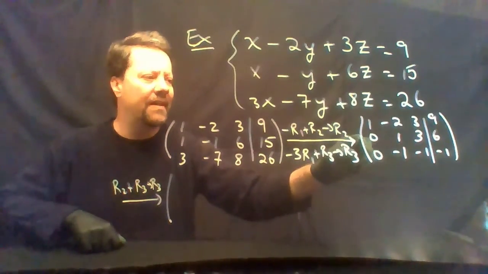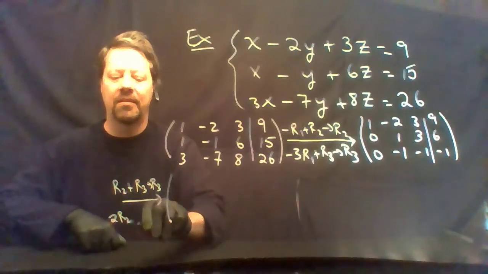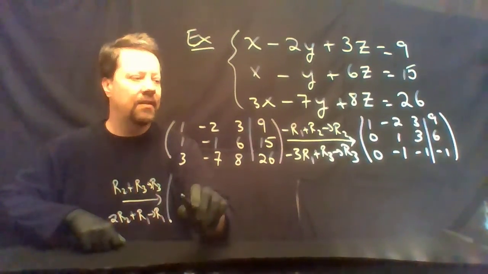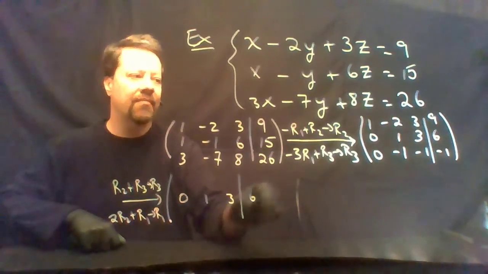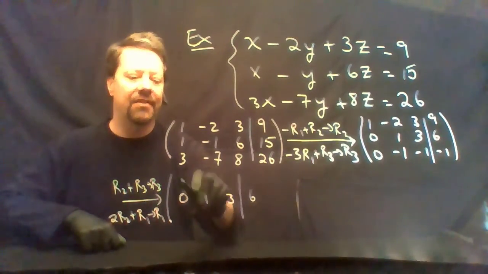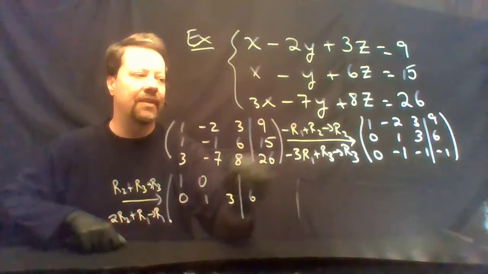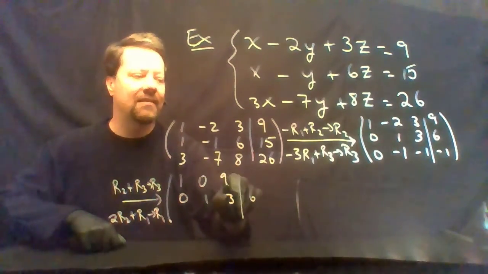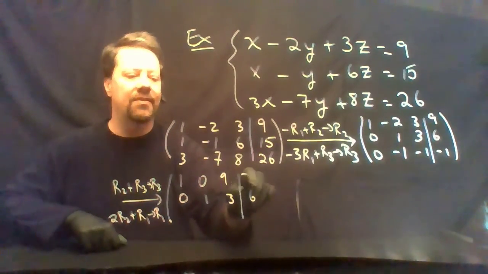Let's multiply the second row by 2 and add to the first row. Only the middle row stays unchanged. On the top row, we're taking 2 times the second row and adding it to the first row. That doesn't change this 1, but it does give us a 0 in this spot. 2 times 3 is 6, plus 3 is 9. 2 times 6 is 12, plus 9 is 21.